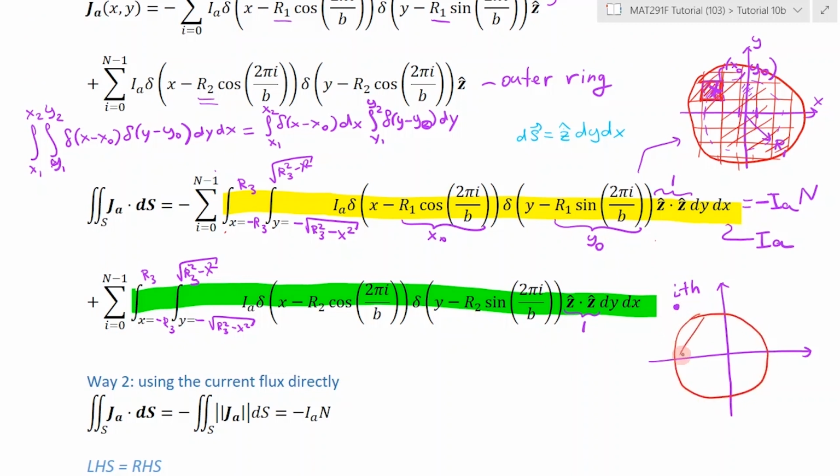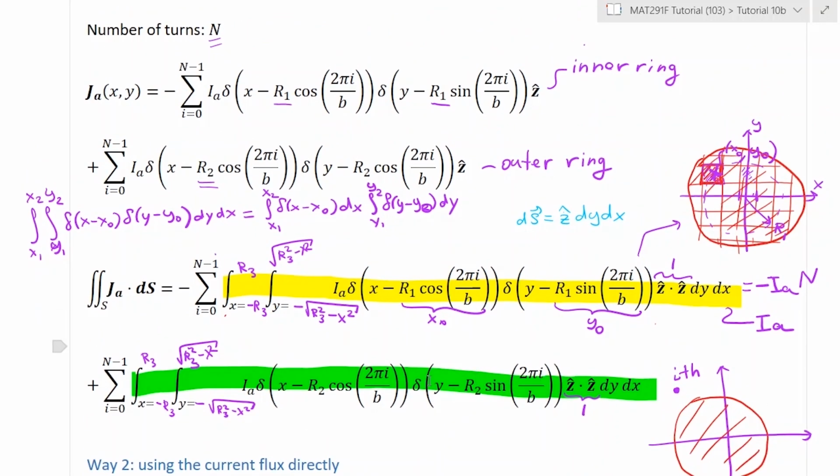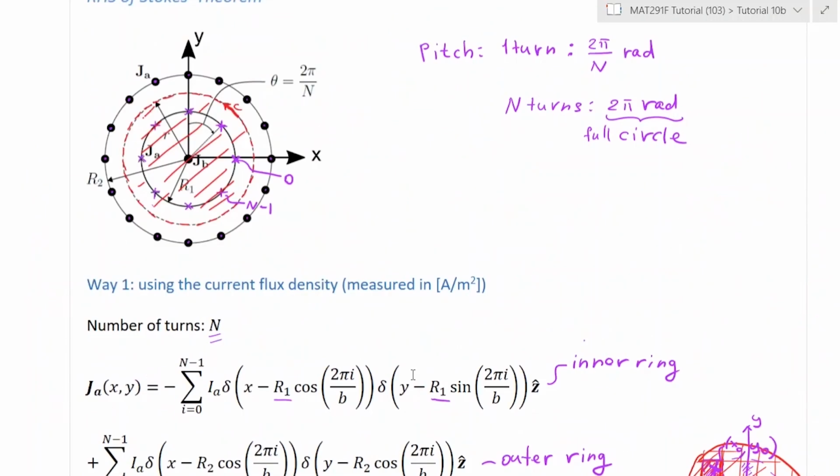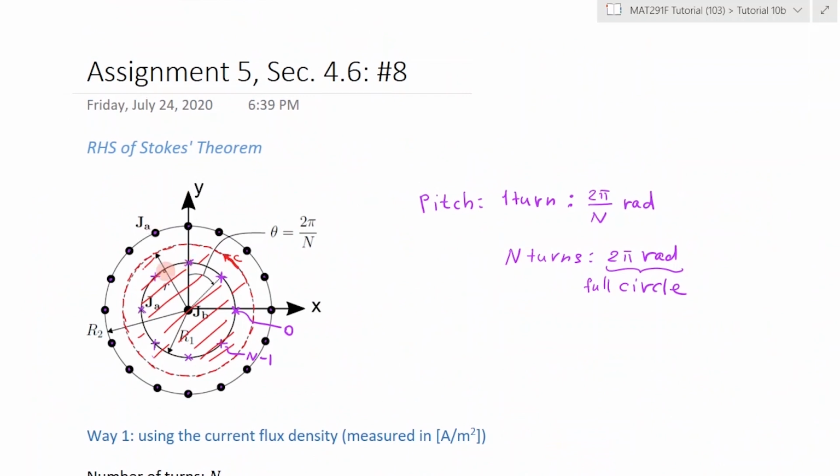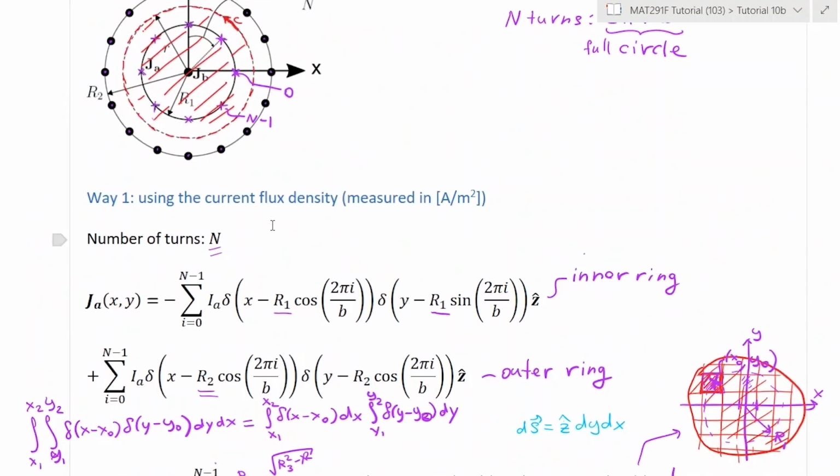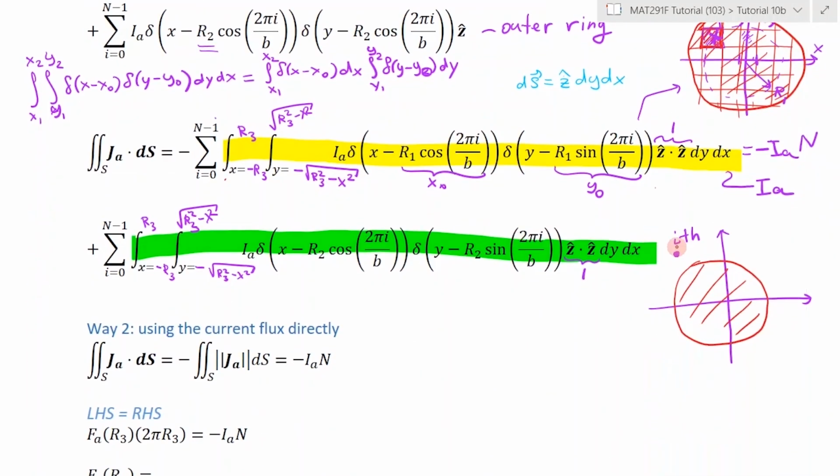Because remember, this part is for the outer circle, and the surface is smaller than this outer circle. No matter which patch on this surface we take, we are going to get 0. So when we integrate over the entire surface of this circle, we are going to get 0.